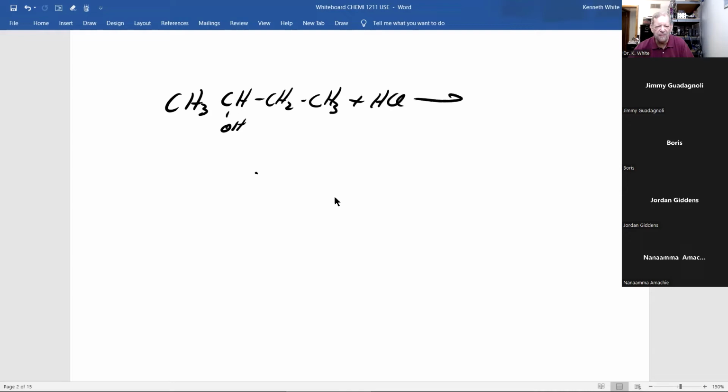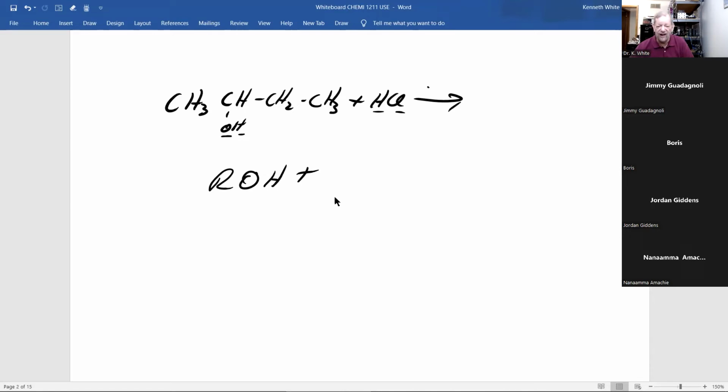Now, sometimes I'll put the HCl over the arrow, like in this case. Here, I put it before. So look at the molecule. What's different? What's not carbon? What's not hydrogen? What's not a carbon-carbon single bond? That should get your attention. Oxygen with a hydrogen and a carbon is an alcohol.